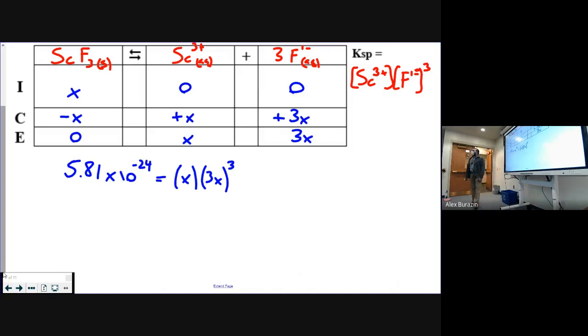Now, you have to be careful. This whole term is cubed. The whole thing. It is not 3 times x cubed. It is (3x) cubed. There is a difference. Correct, 3x, the whole thing cubed. What's 3 cubed?